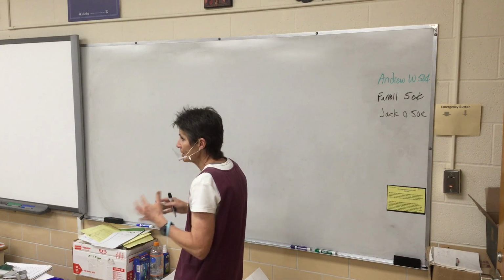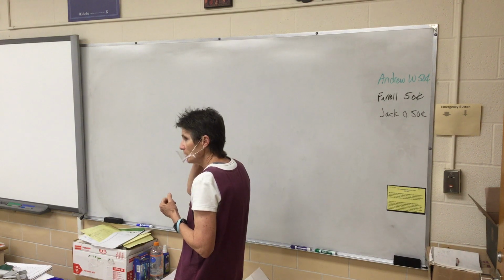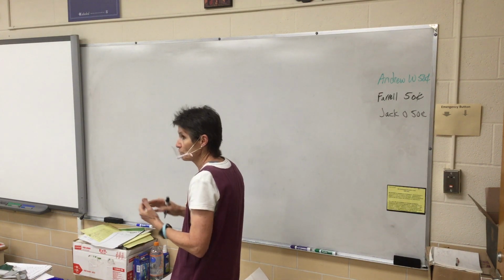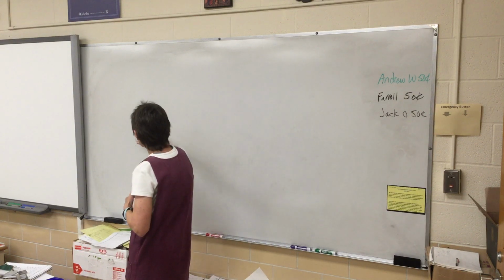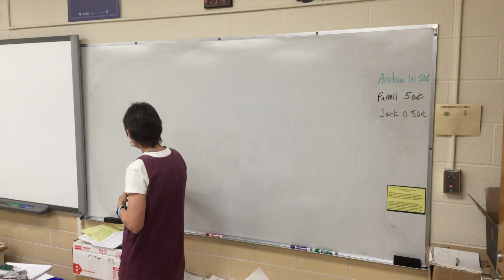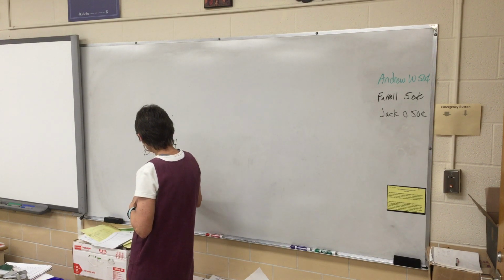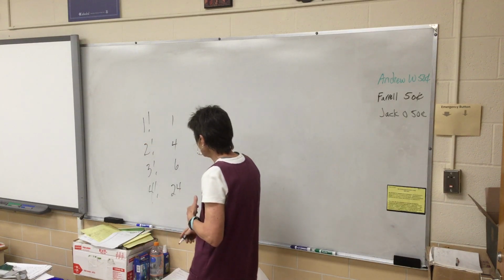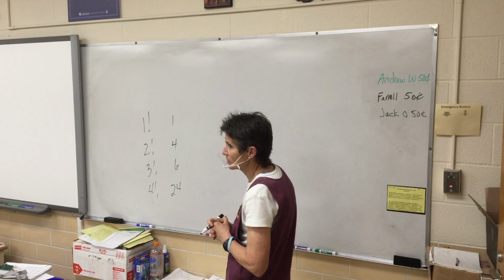Squares, the squared numbers, are very popular in sequence land. So I'm kind of programmed to look for squares or cubes, or sometimes even factorials, like the factorial numbers, 1 factorial, 2 factorial, 3 factorial. So if I see a set of numbers like this, I'm immediately thinking of factorials because I'm familiar with that set of numbers.